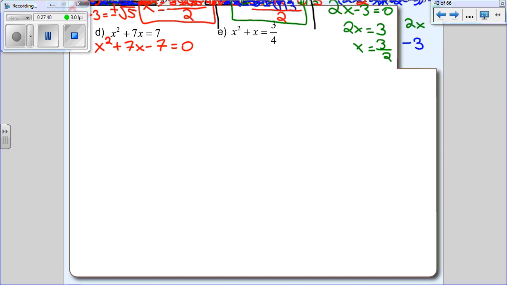You can't box method middle values that are odd. You can, it's just odd. So you're going to multiply everything by 4. That gives me 4x squared plus 28x minus 28 equals 0.